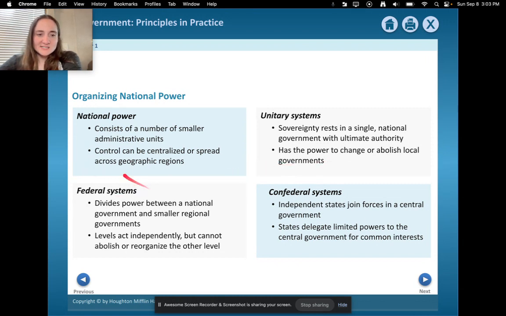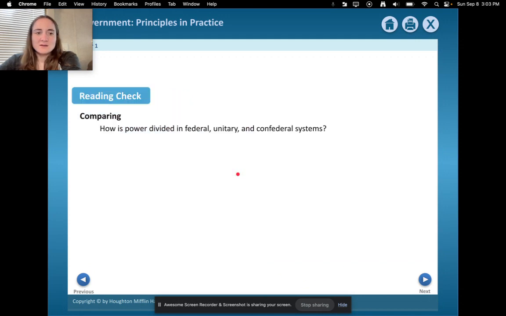There's the federal system, which divides power between a national government and smaller regional ones, which is like what we have, right? We have the US government, and then we have our state governments, like the Minnesota government. The levels act independently but cannot abolish or reorganize other levels. And then we have the confederal system, where independent states join forces in a central government, and states delegate limited powers to the central government for common interests. We also have a little bit of that.